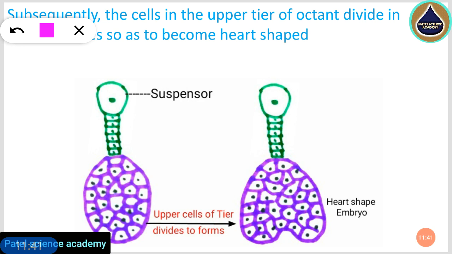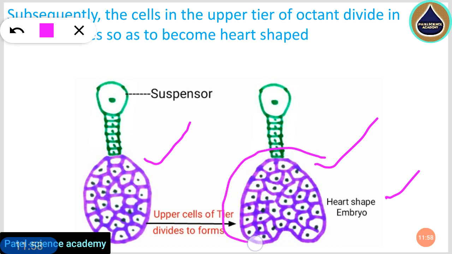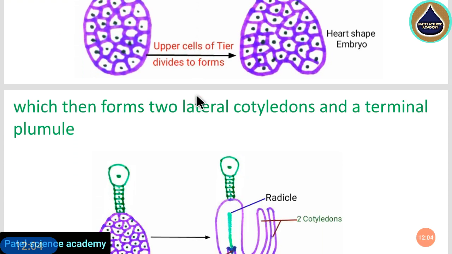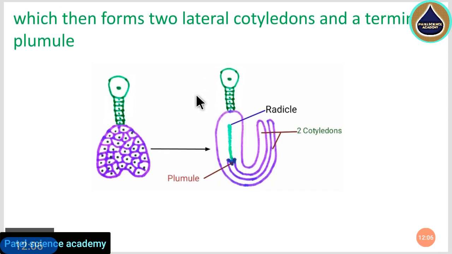So you can see here this octant now is going to divide, and it assumes this heart shape, and now it is called the heart shape embryo. So you can see here the shape of this embryo, it is now becoming or looking like a heart, which then forms two lateral cotyledons and a terminal plumule.